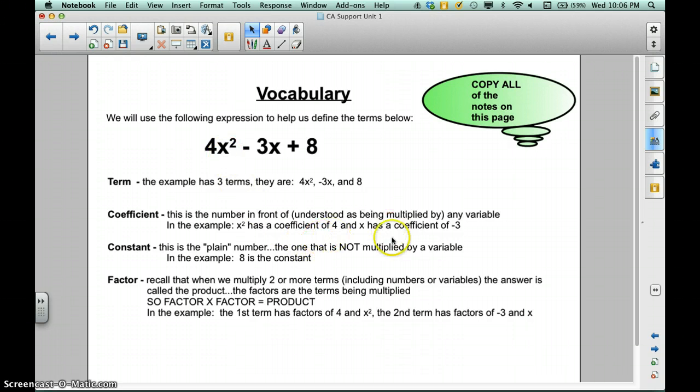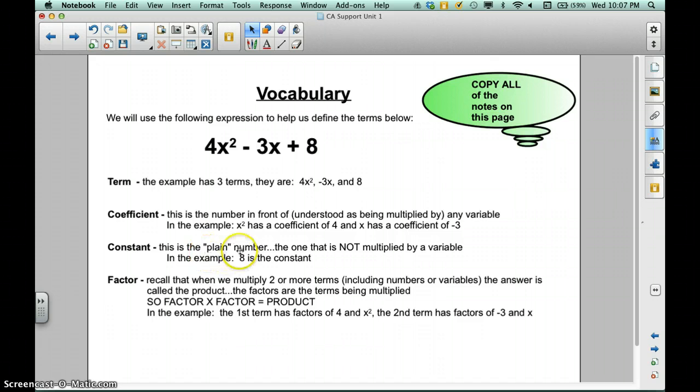Also, x, right here, has a coefficient of negative 3. I want you to get in the habit of treating any subtraction signs as a negative along with the term that follows it. It helps you not to lose negatives.